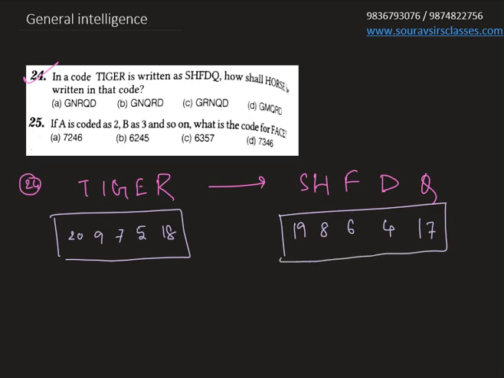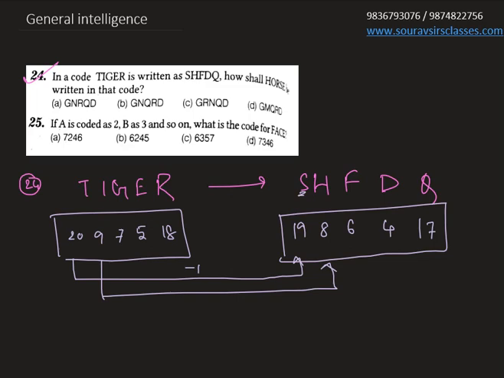Okay. Now if we notice, we can understand the pattern here. In this code, the letters are just the previous letter of the letters in tiger. That means for T we have S here, that is just minus 1.